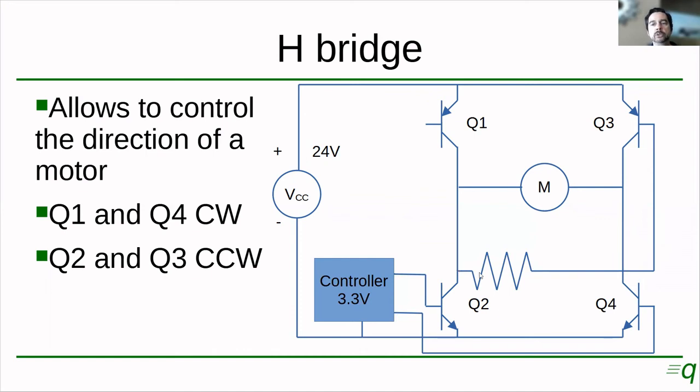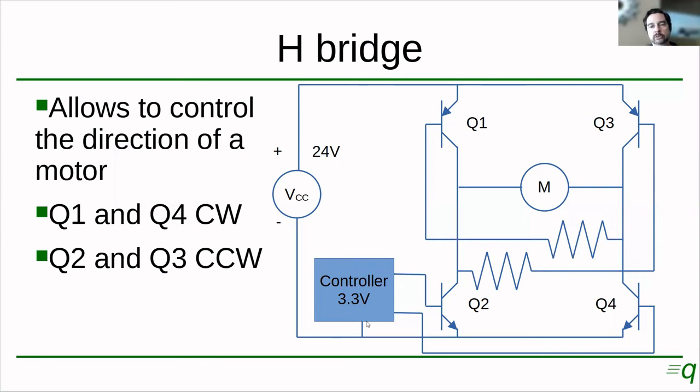So this Q2, on top of providing negative polarity to this side of the motor, is also pulling current from the base of Q3 and therefore causing Q3 to turn on, and Q3 is going to be providing positive to this side of the motor. And of course, we can do the same with Q1 and Q4, right? So by adding a resistor here, when we turn on Q4, it will turn on Q1 as well.